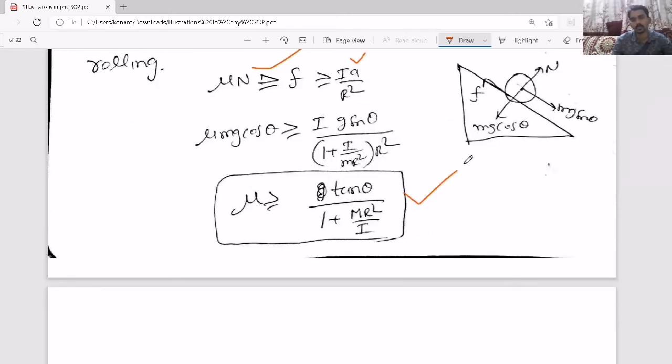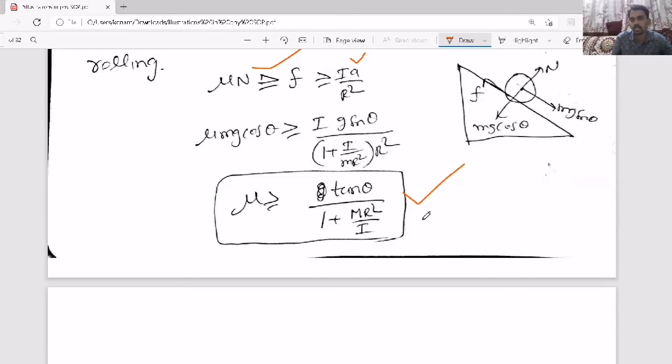That's how your condition will come, so please remember this condition. For pure rolling, the coefficient of friction must be either equal to or greater than this one. Then only it can roll down the inclined surface. Otherwise it will slide, I mean slipping will be there. So this is how the questions will come based on rolling.